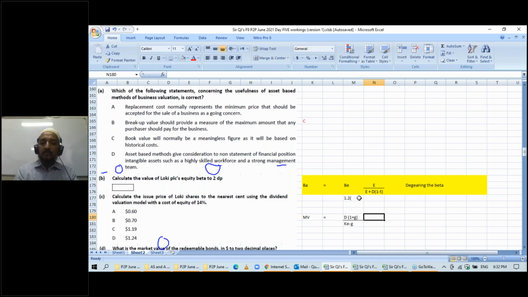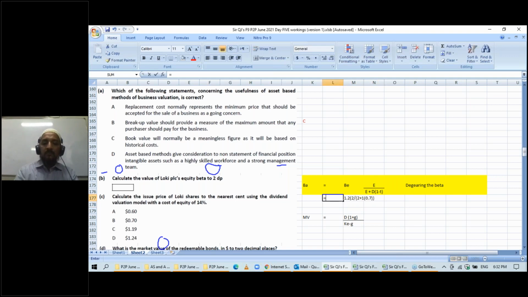So if you read the question properly, now we are calculating the ungeared beta. So 1.2 multiplied by E, value of equity of Q company, 2, divided by 2 plus the value of debt, which is 1, into 0.7 after deduction of tax rate.